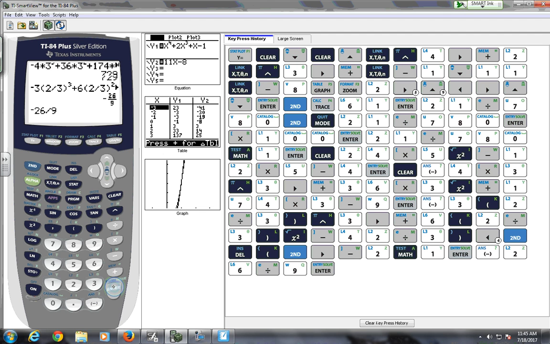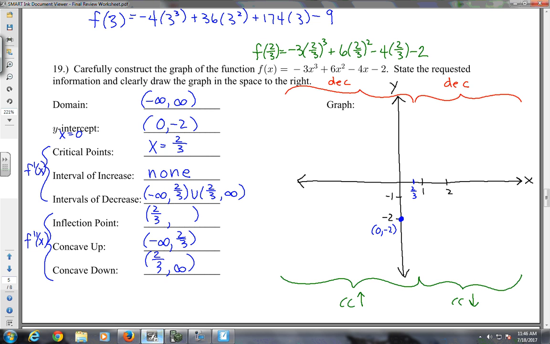Okay, now that I understand where to put this on the graph, I'm going to go ahead and approximate that as well so I can get a visual, negative 2.9. Okay, so the exact value is negative 26/9, but I'm going to think of 2/3, negative 2.9, so I'll know about where to put it on the graph.